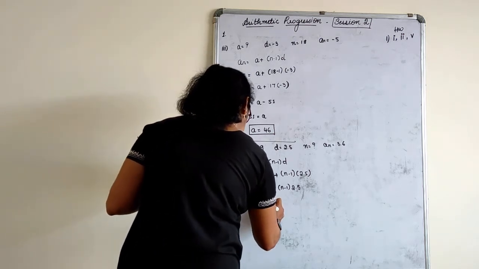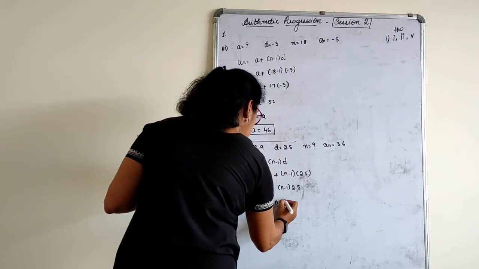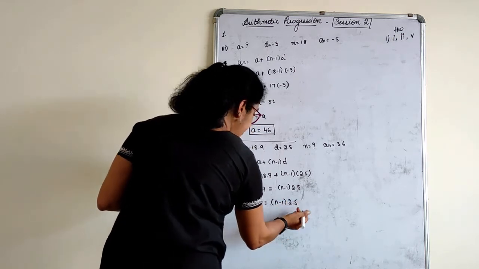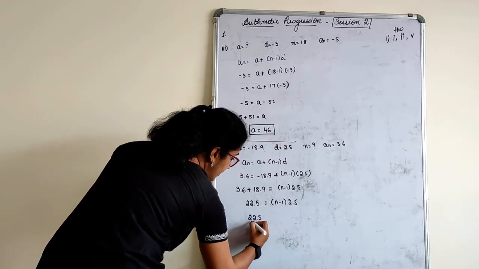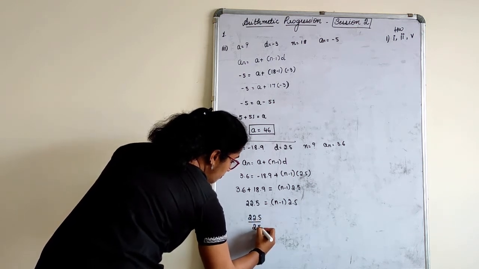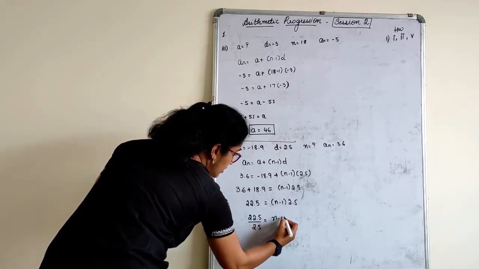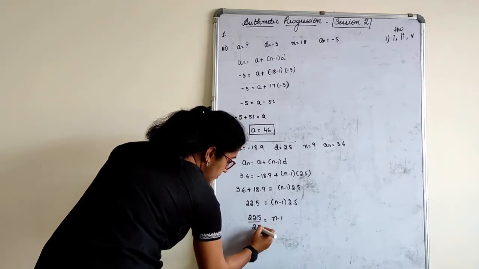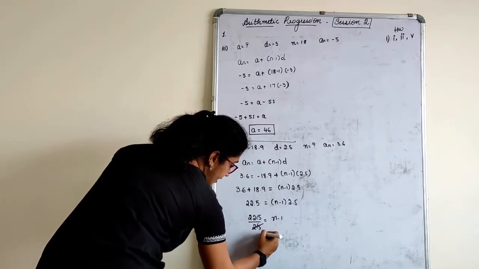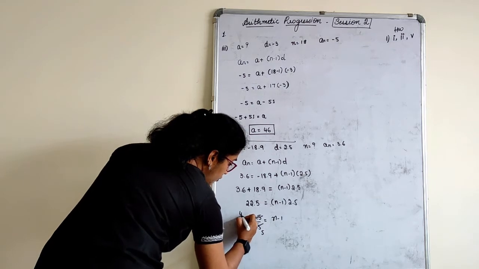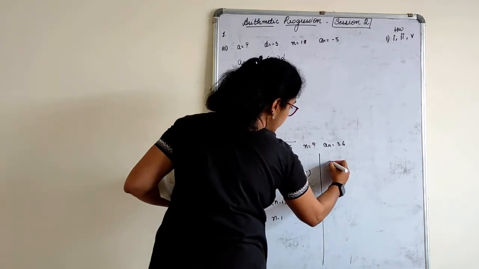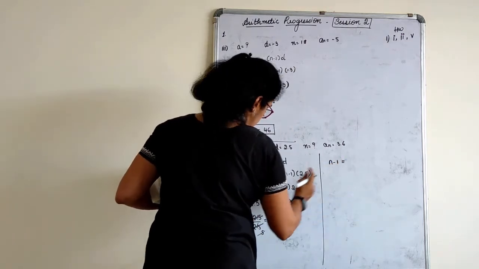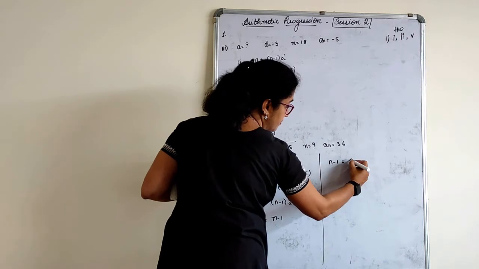So that is equal to (n minus 1) of 2.5. Bring this 2.5 down. 22.5 divided by 2.5 is equal to n minus 1. So decimal gone. 5 fives are 25, 5 fours are 20, 5 nines are 45. So n minus 1 is equal to 9.